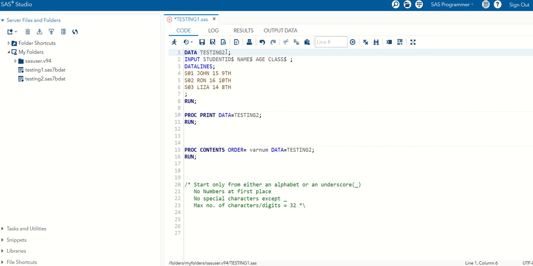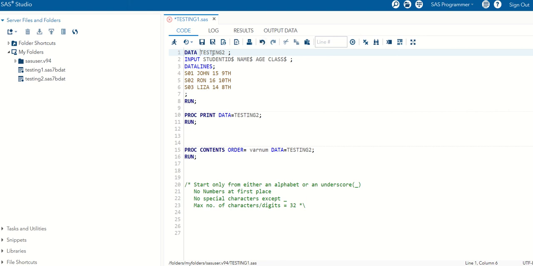The second rule is there should be no numbers at the first place. Of course, as we just saw, when I put the number at the first place, it was giving an error. Then the third rule is there are no special characters allowed except underscore.